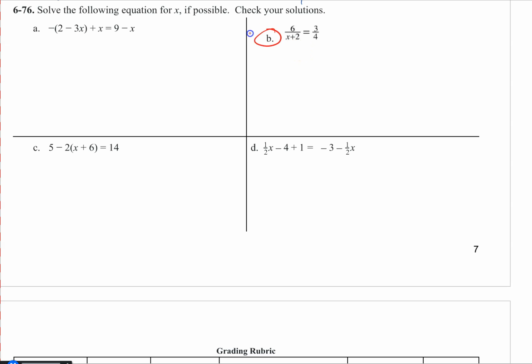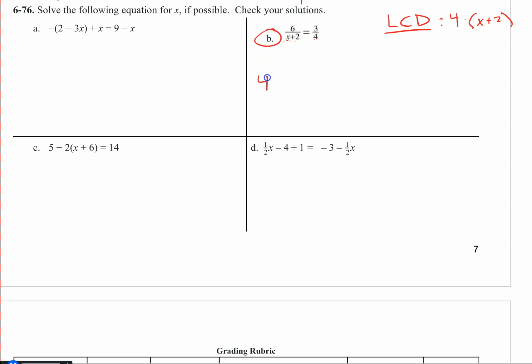Okay, I'm going to do B. This one's a little bit tricky. I see a fraction, and let's multiply by the LCD. So for this one, you calculate the LCD by multiplying these two together. This one's actually kind of tricky. So the LCD would just be 4 times x plus 2.